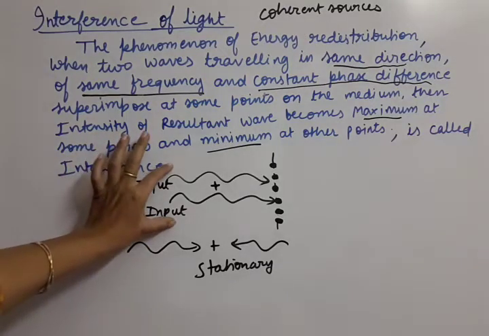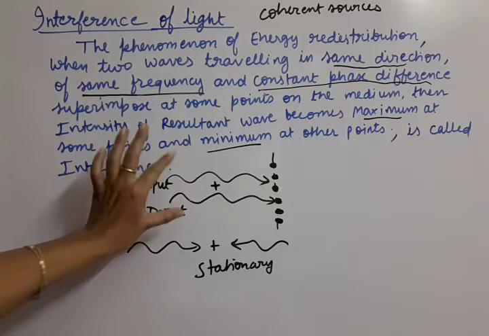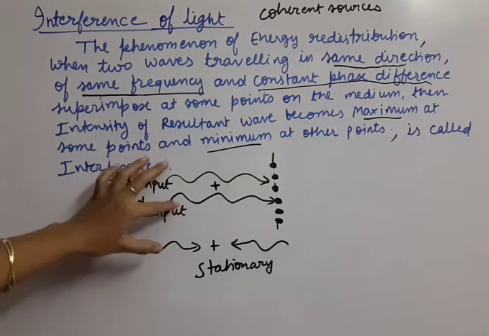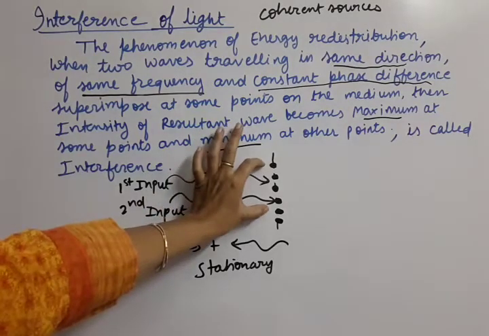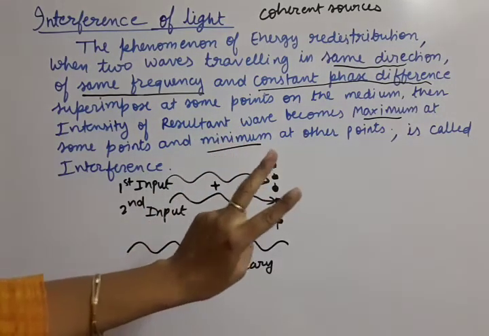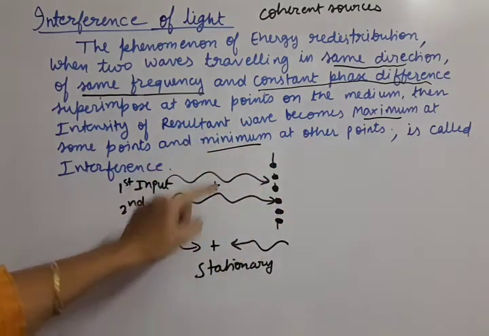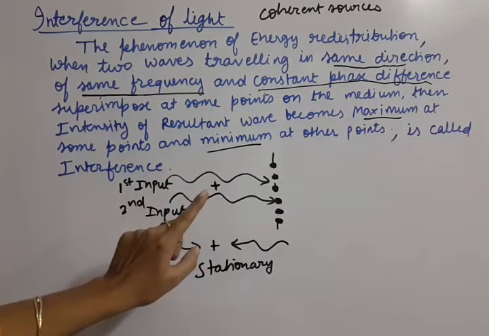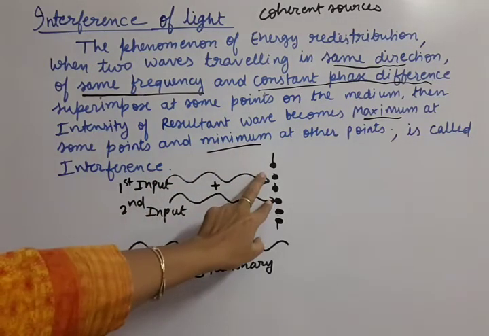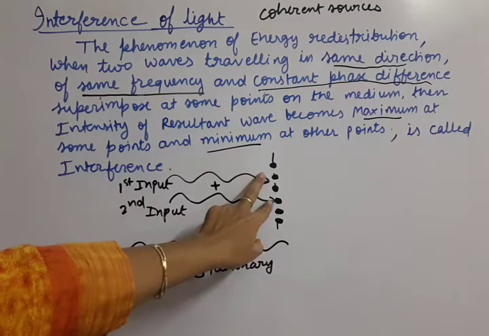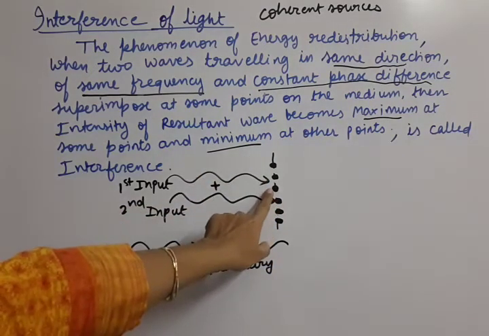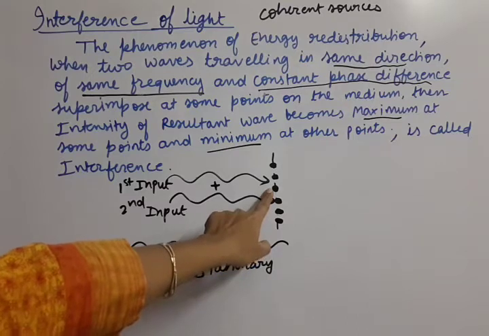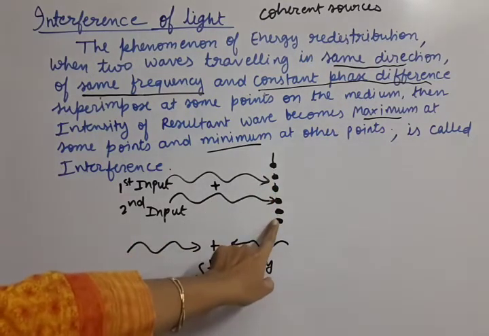So what are the conditions for interference of waves? That you need to remember now. So what is the interference definition? When two waves traveling in the same direction and following two properties, same frequency and constant phase difference, superimpose at some point on the medium, then the intensity of the resultant wave becomes maximum at some points and minimum in between points.